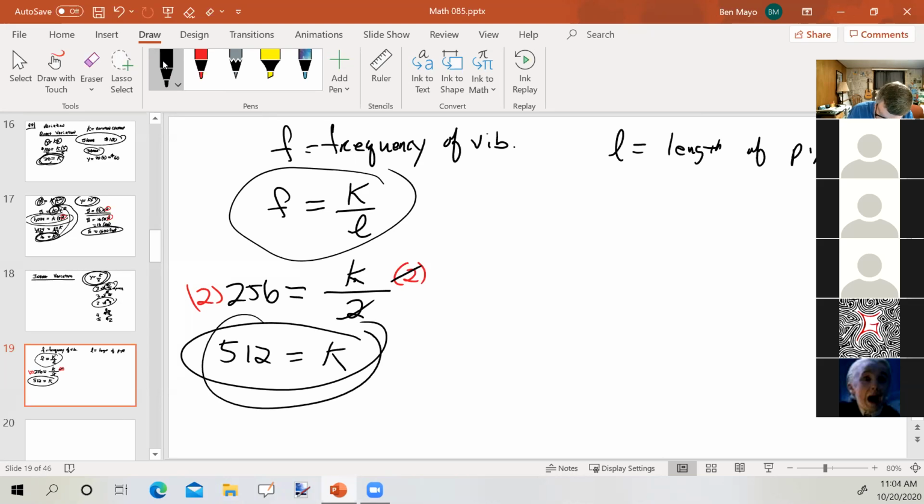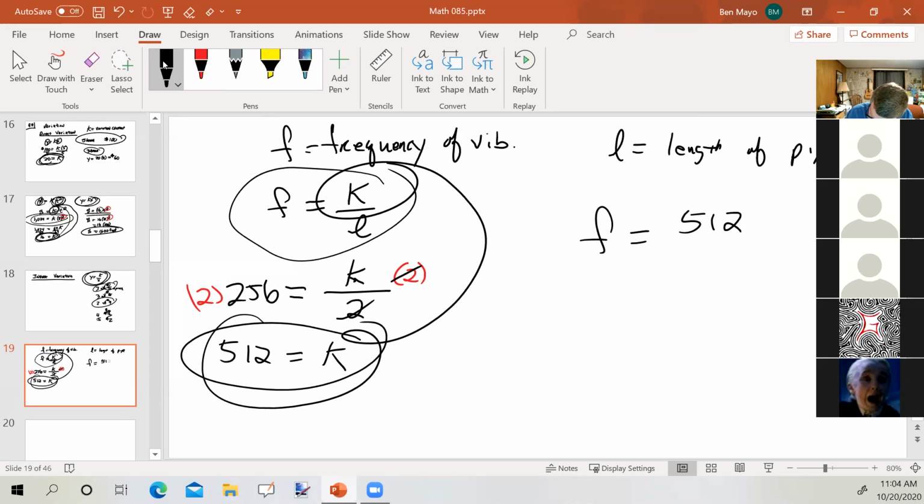So now we know the variation constant. Now we're going to take that and put it back up here. So now we've got this formula, F equals 512 over L. Follow-up question. How many times per second will a 6-foot pipe vibrate? Okay, so L is the length in feet. So 512 divided by 6 is 85.3 repeating.